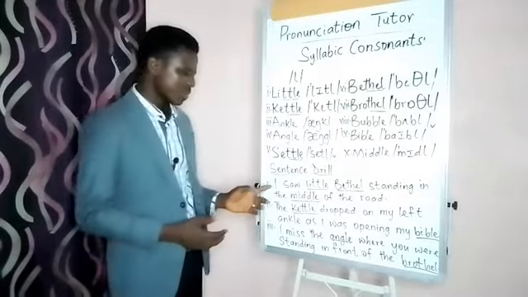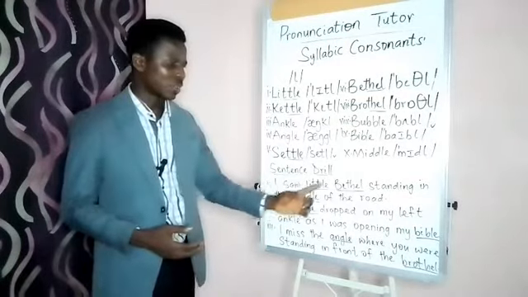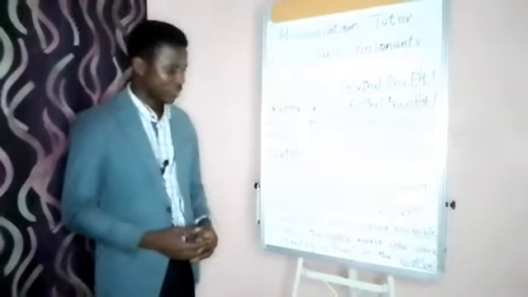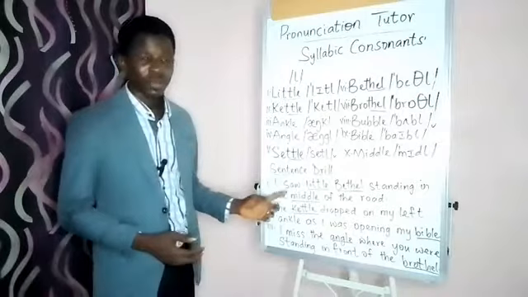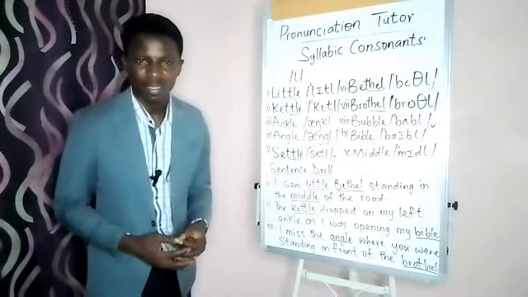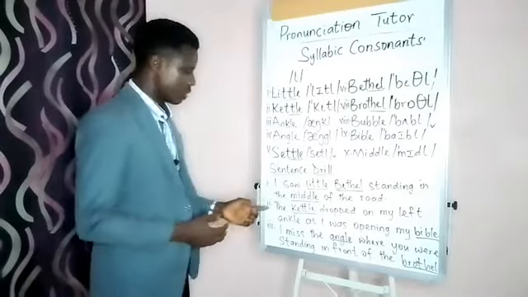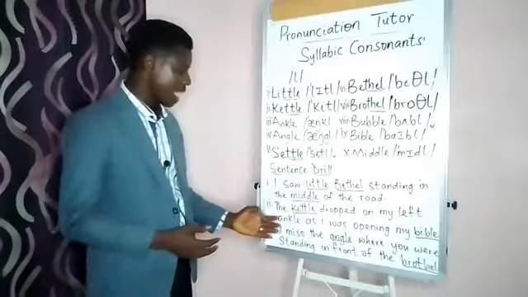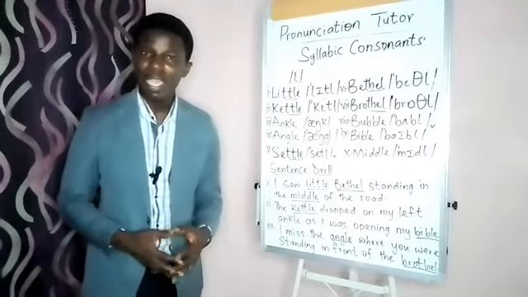Here we go. I saw little Bethel standing in the middle of the road. I'll take that one more time. I saw little Bethel standing in the middle of the road. Then number 2. The kettle dropped on my left ankle as I was opening my Bible.